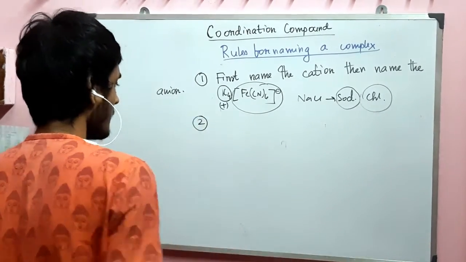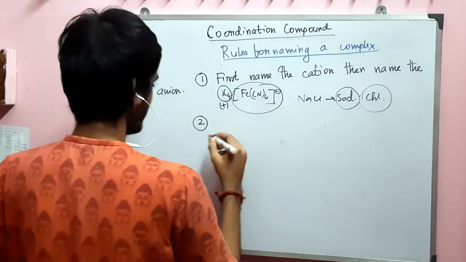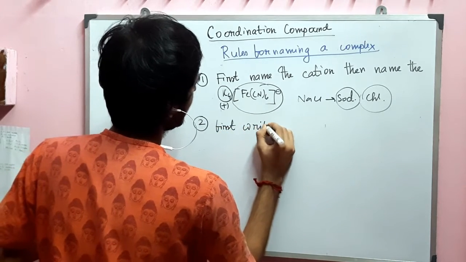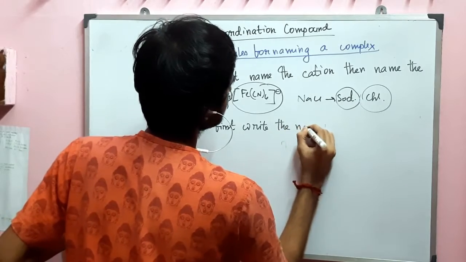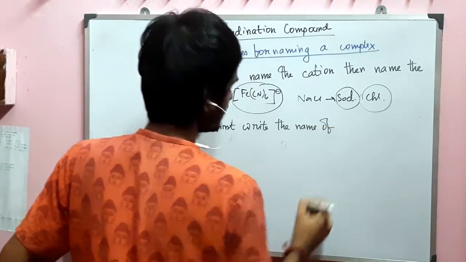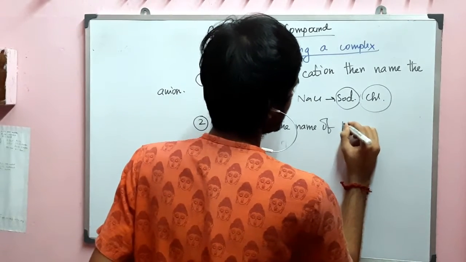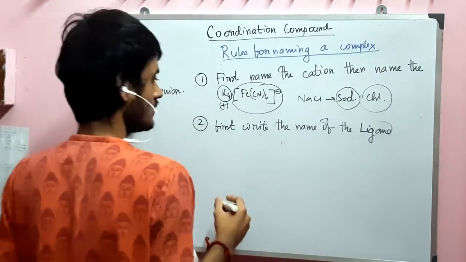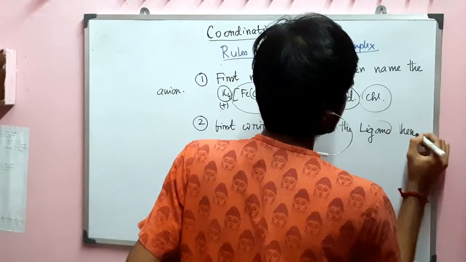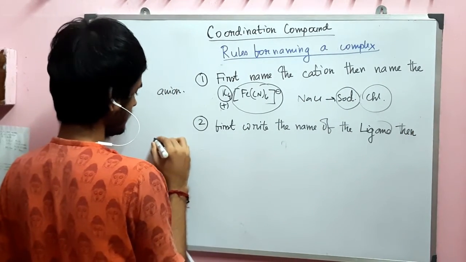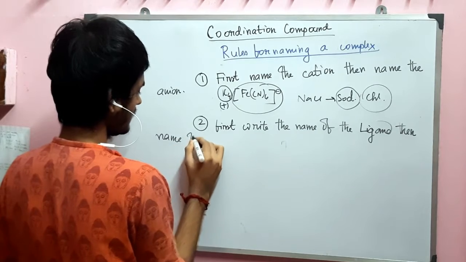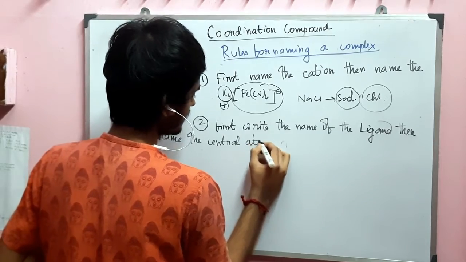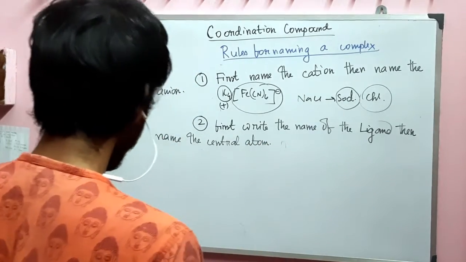Our second point is: first write the name of the ligand, then name the central atom.